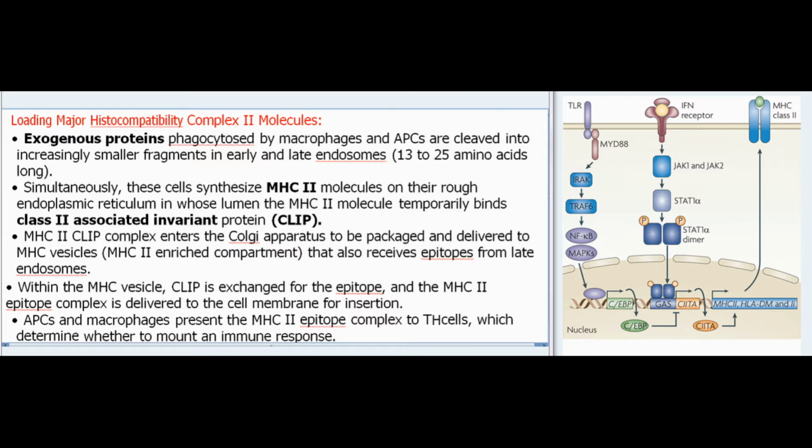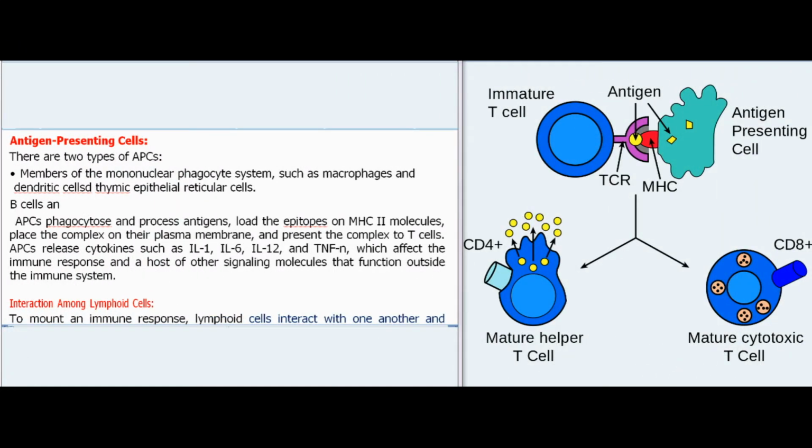The MHC II CLIP complex enters the Golgi apparatus to be packaged and delivered to MHC vesicles, the MHC II enriched compartment, that also receives epitopes from late endosomes. Within the MHC vesicle, CLIP is exchanged for the epitope, and the MHC II epitope complex is delivered to the cell membrane for insertion. APCs and macrophages present the MHC II epitope complex to T cells, which determine whether to mount an immune response. Antigen-presenting cells.